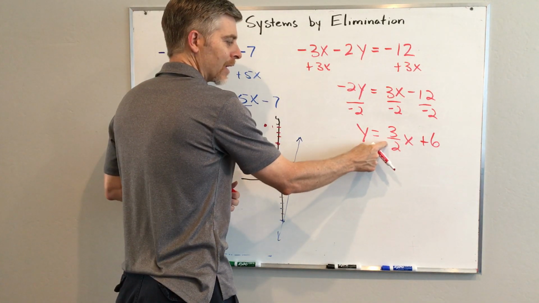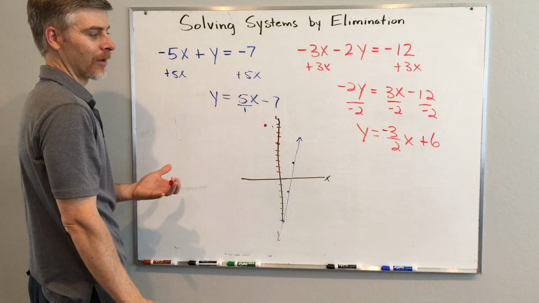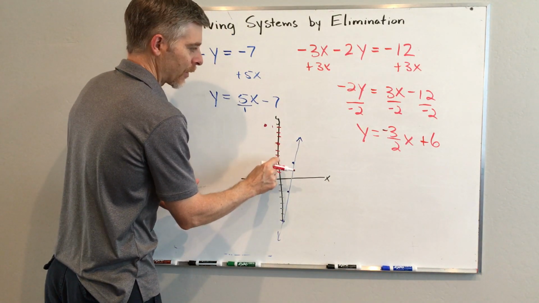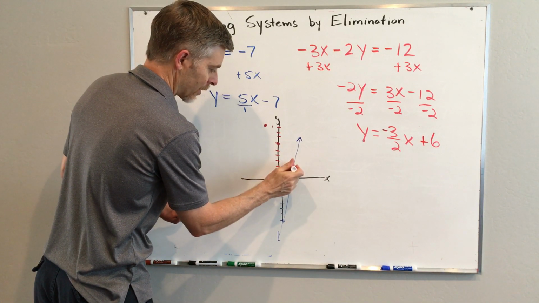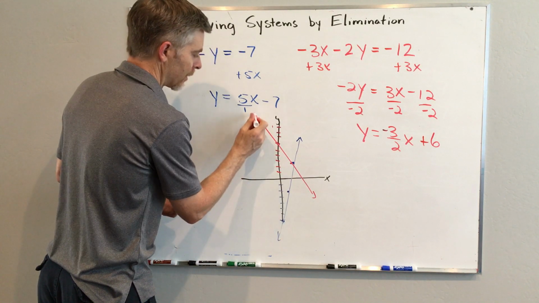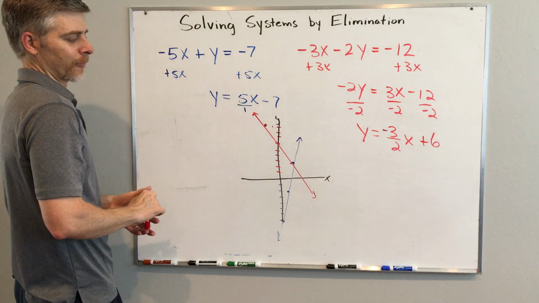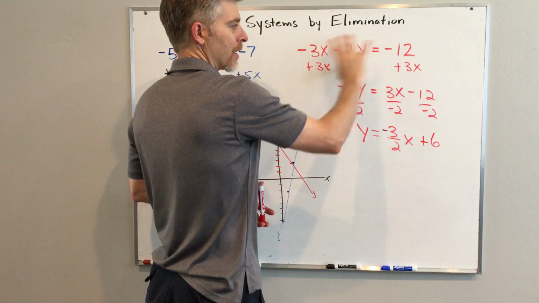Or I can move the negative sign to the numerator, because it still makes it a negative fraction. And I can go down 3, right 2. And there's my line there. So this red line represents all the solutions to this equation.